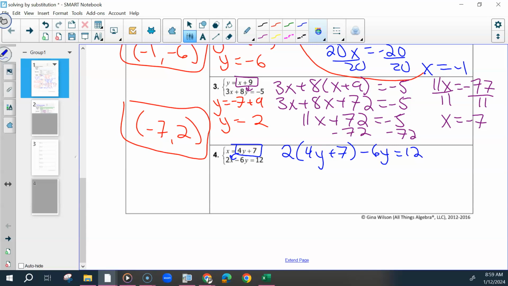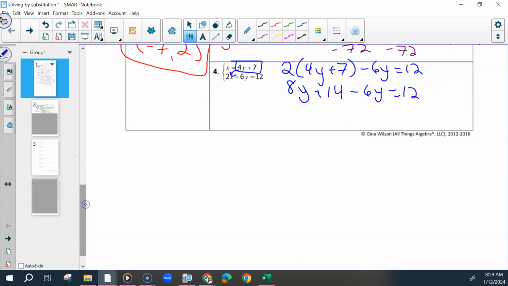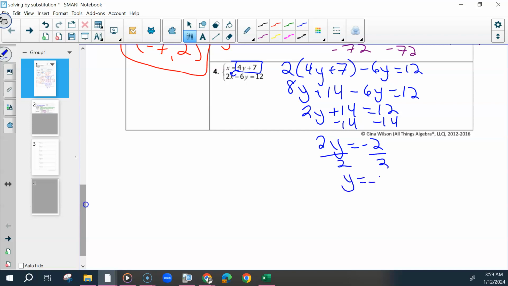And then we could solve it. So 8y plus 14 minus 6y equals 12. Combine our like terms and solve. And then put your y value back into your x equation.